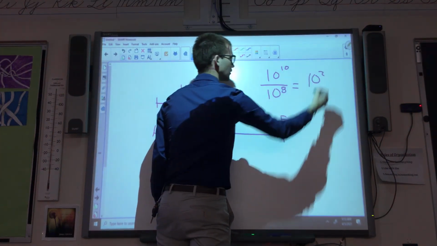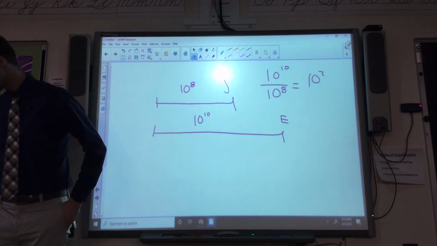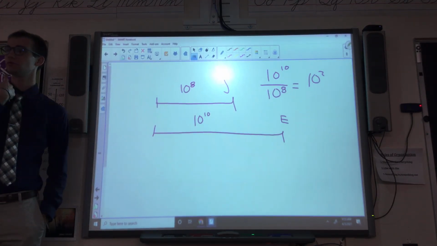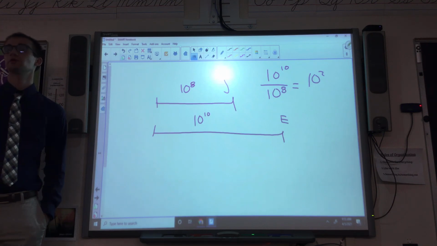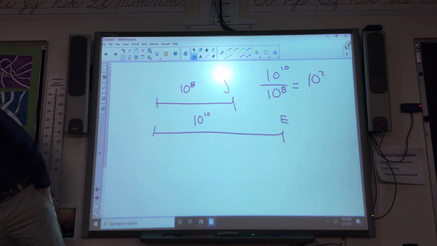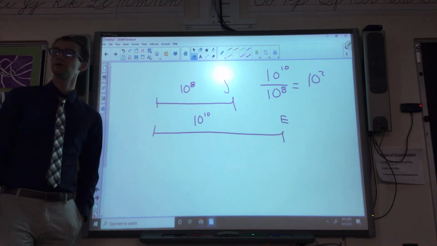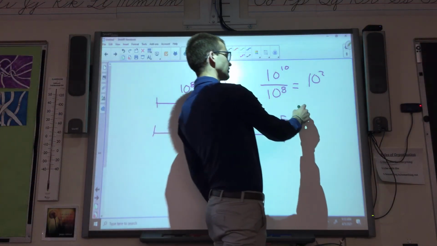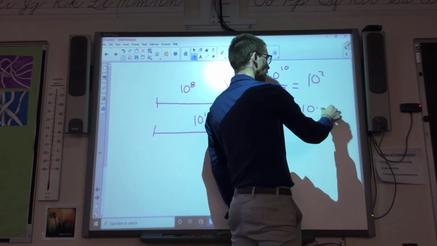So it's 10 to the second kilometers? No, that's not what the question asked. What did the question ask? Yeah, times as far. So it is 10 to the second times as far, or 100 times as far.